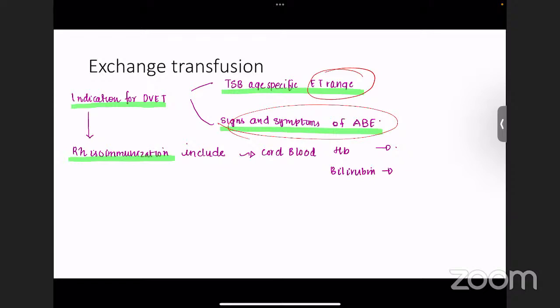And if you are seeing Rh isoimmunization, then a cord blood sample should be taken. If hemoglobin is less than 10 and bilirubin is more than 5, then go for ET without any wait. In some cases, we go for IVIG also.